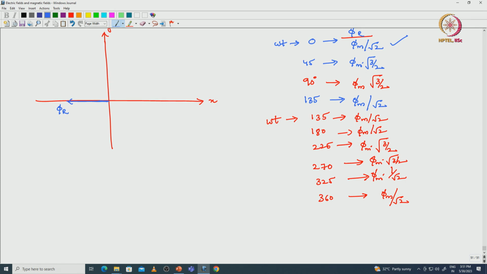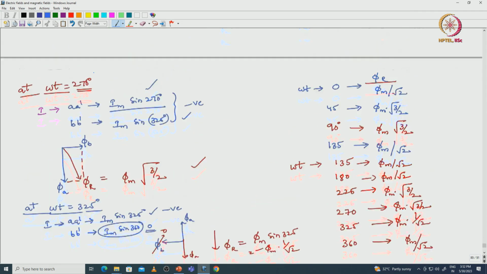So, this is phi r, the resultant vector at 0 degrees, and the magnitude is phi m by root 2. Then at 45 degrees we see root 3 by 2 phi m, the resultant vector, and at 90 degrees also we see the same kind of magnitude, and the phase shift is in this manner. That is what we have analyzed, right.